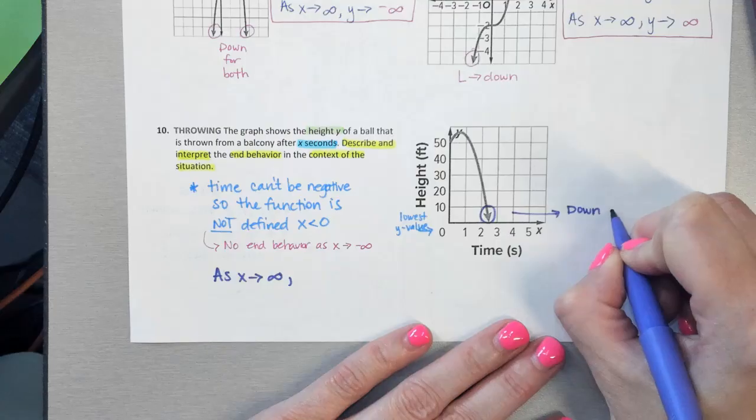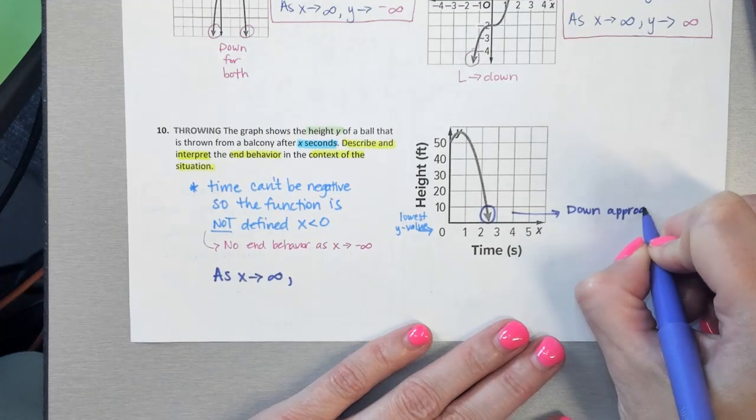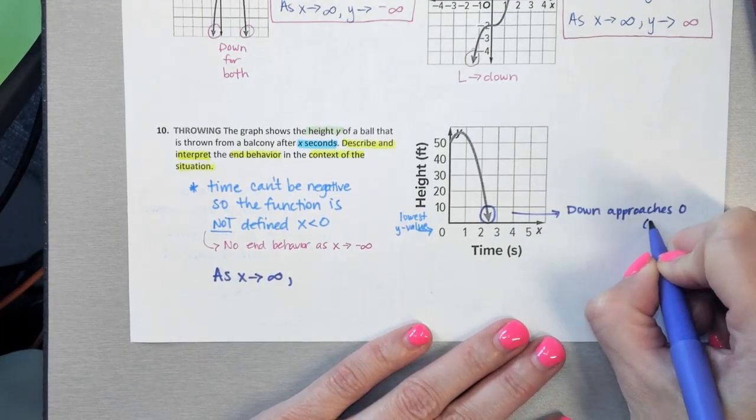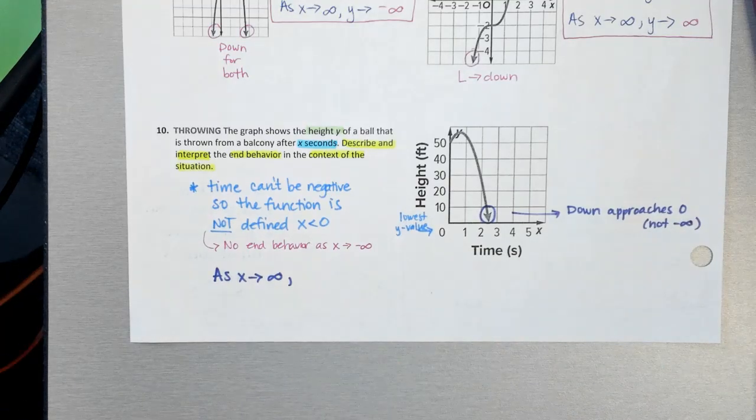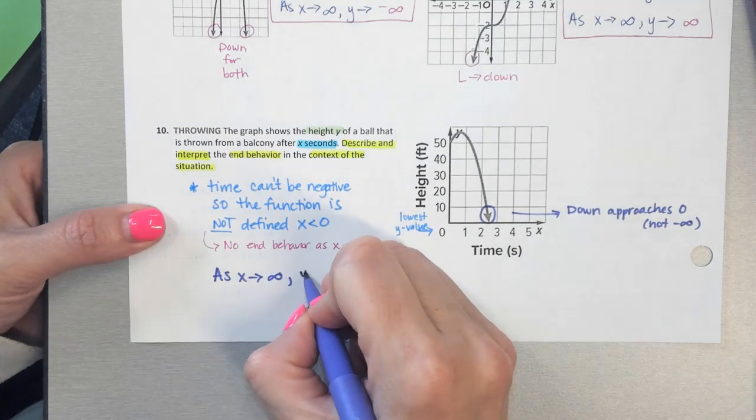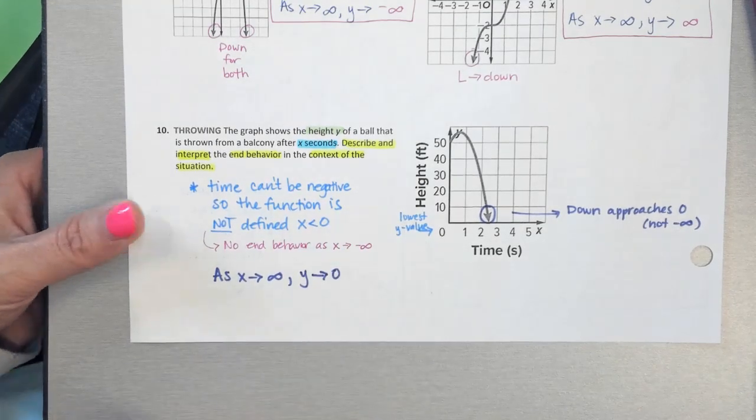Yep, so down approaches 0. This is not going to negative infinity like we were doing before. The lowest value it's going to hit is the ground, because you're throwing a ball from a balcony. None of us are strong enough to throw something and have it tumble through the ground to the earth's core. So 0 is realistically where we are.